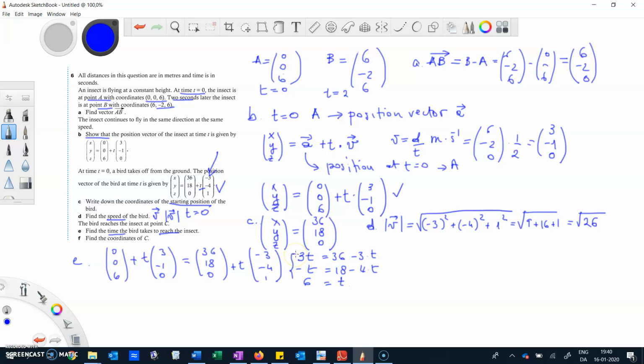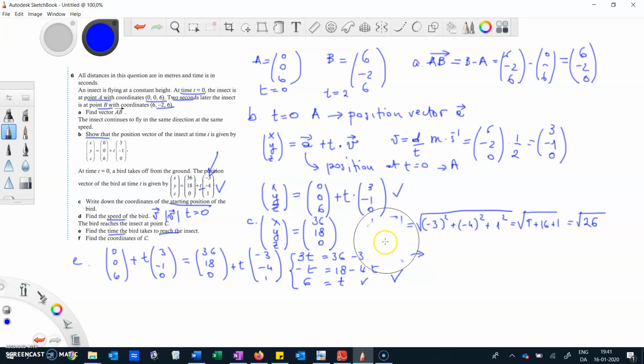So as you can see, this is a system of equations in one unknown. So it's clear from the last one that t has to be 6. Now we have to check whether this solution is valid for the first two. If it's not, it means that there is no intersection. If they all 3 agree, then it means that there is an intersection, and this is going to be at time 6 seconds.